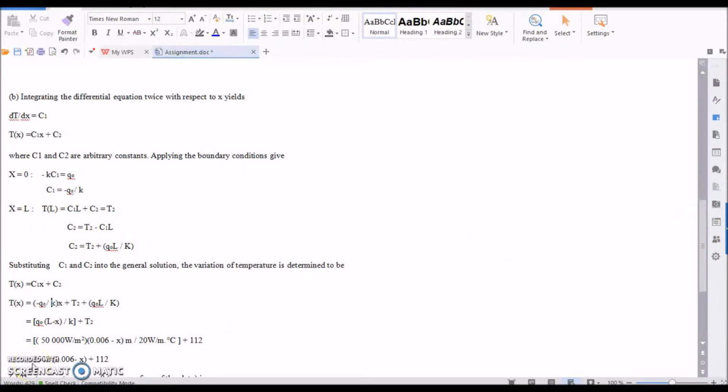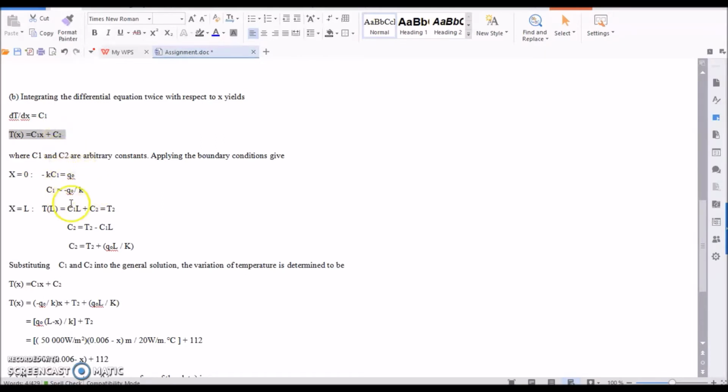Next, when we have already applied the boundary conditions, which is at the inner surface x equals 0 and the outer surface x equals L, we substitute the C1 and C2 that we got here into the general solution, which is this one. T(x) equals C1x plus C2. So for C1, we substitute negative q over k.